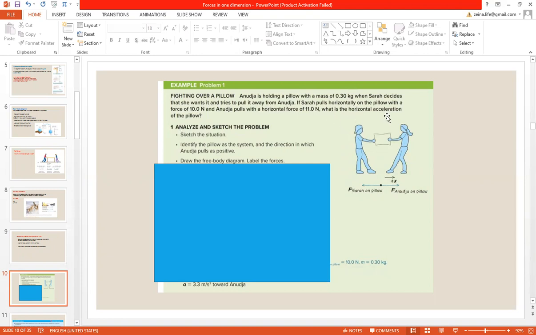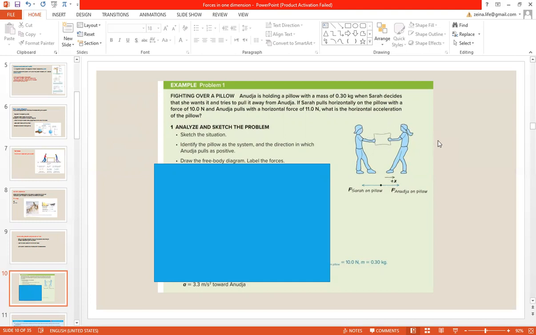What is the horizontal acceleration of the pillow? We need to find the acceleration of the pillow: how the speed of the pillow will change, and in which direction.